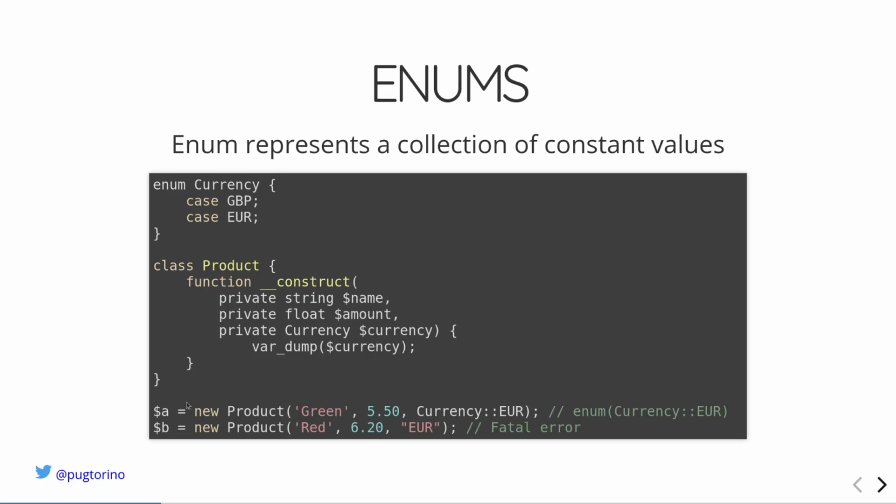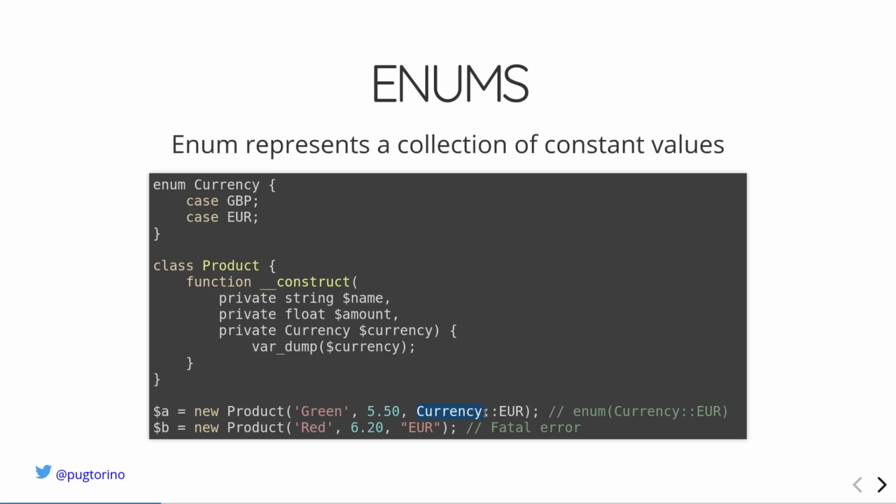So let's try to instantiate an object of the product. Here I'm creating in $A a new product, passing some values. As you can see, in order to pass an enum value, you have to specify it using the static syntax, so double colon.